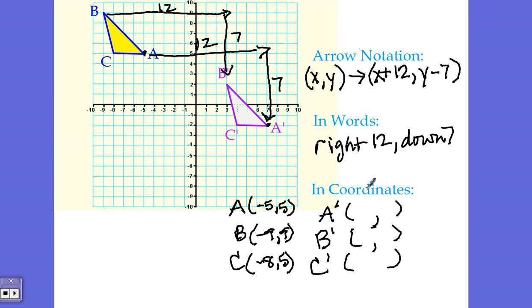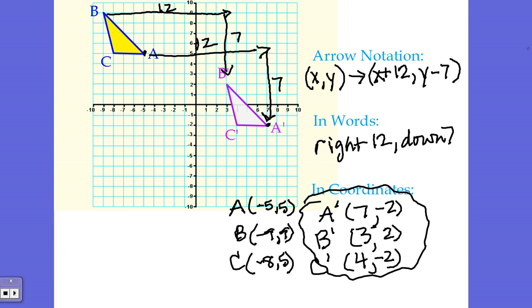That puts A prime at 7, negative 2. That's adding 12 to all my x's, subtracting 7 from the y values. Point B prime is at 3, 2. Again, we added 12 to the x's and subtracted 7 from our y's. And point C prime is at 4, negative 2. Adding 12 to the x's, subtracting 7 from our y's. This is what it will be asking for when it asks for coordinates.